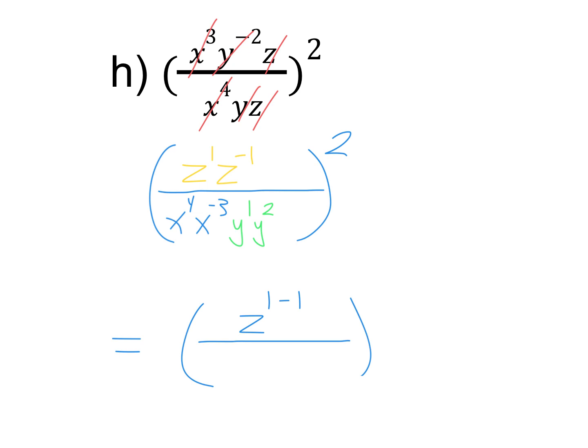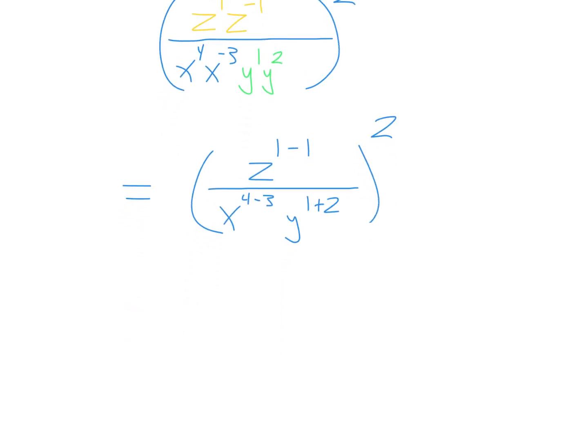So that's going to be interesting. Then in my denominator, I have x to the 4th, but then I have to subtract the 3 because I'm combining those. And then I have y, and then we're going to have 1 plus 2 because both the 1 and the 2 are positive, so we're adding them. Okay, and remember, this whole thing is still being squared. We will take care of that in a minute.